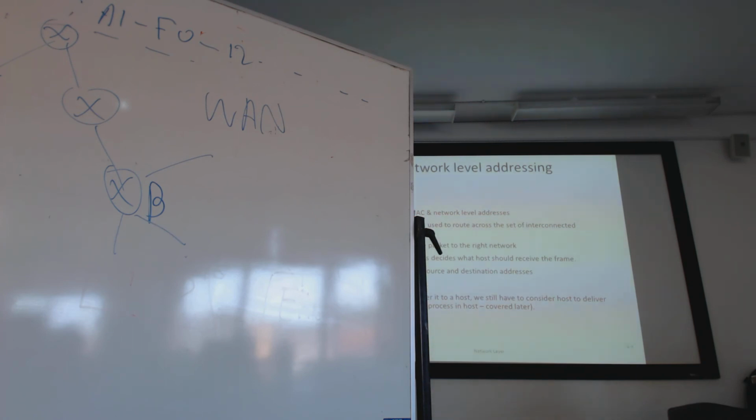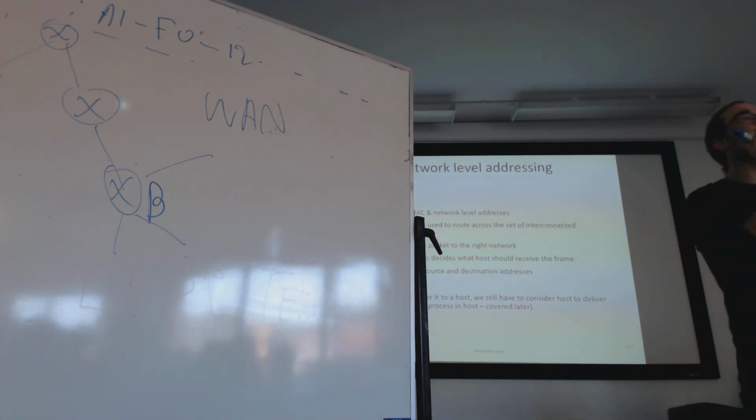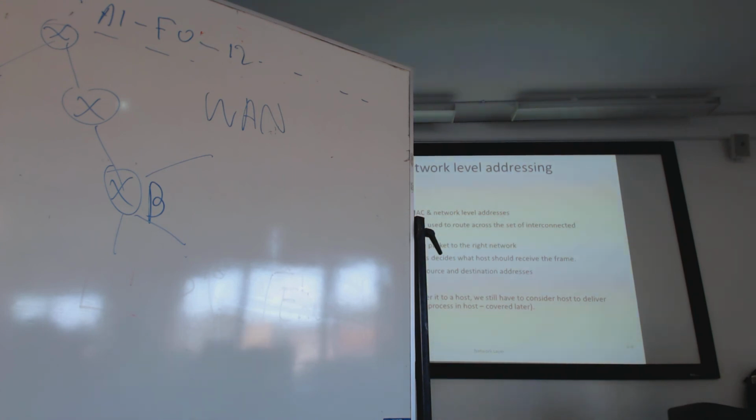You need both the source and destination addresses. Why do I need a source and destination? Remember when I was creating the MAC table? What did I always do when I had the source and destination?